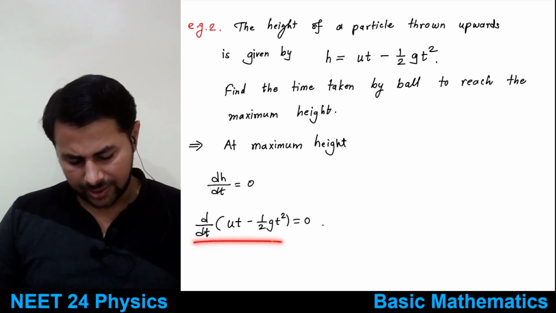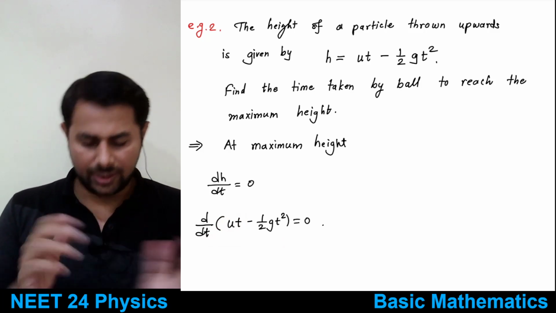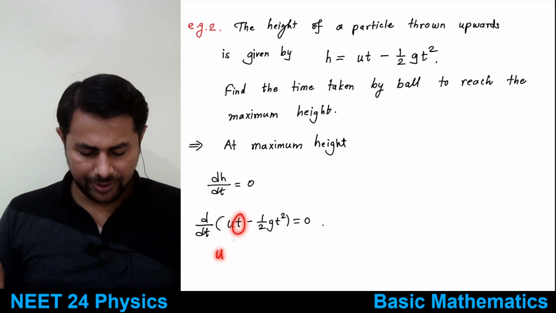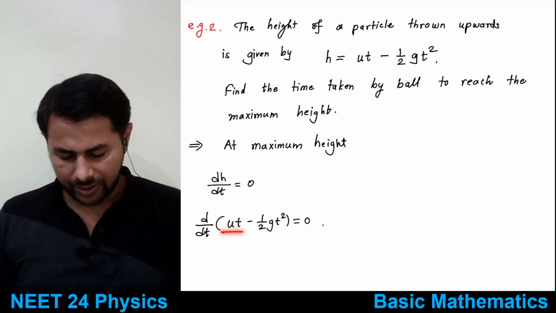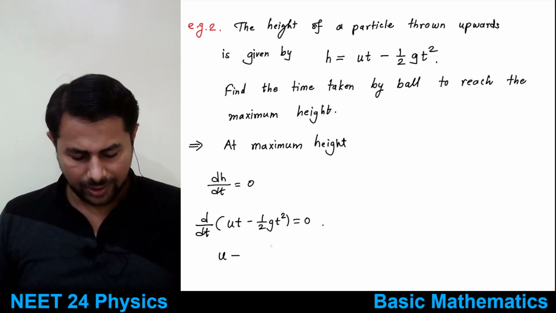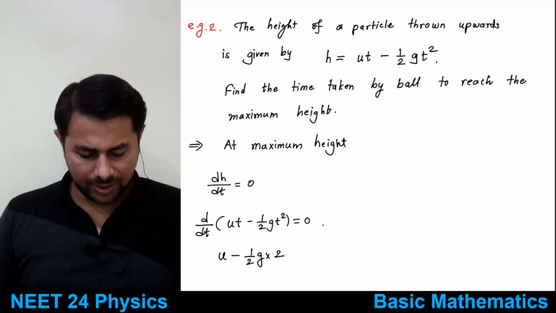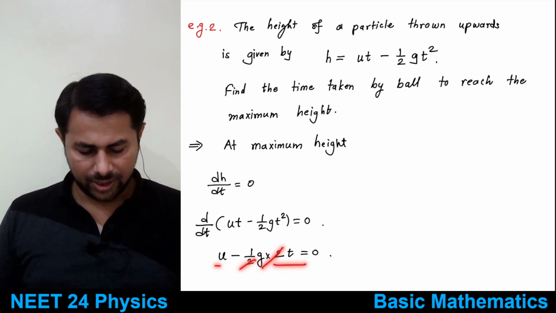What will be the derivative of ut? u is a constant, its initial velocity, and you can take it out. Then the derivative of t with respect to t is 1. So this derivative is equal to u, minus half of g multiplied by the derivative of t square. The derivative of t square is 2t, so this 2 gets cancelled. u minus gt is equal to 0.